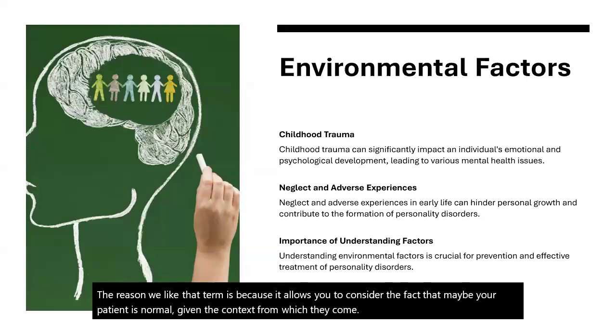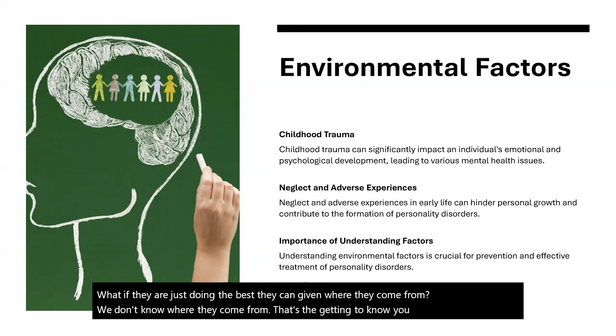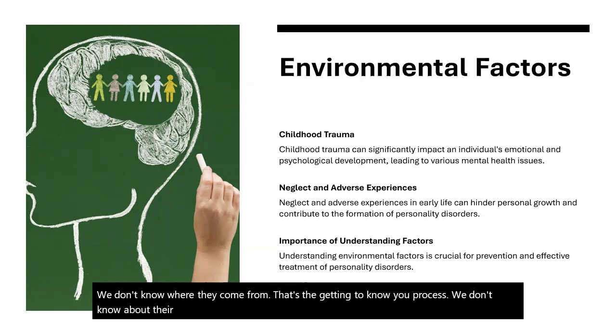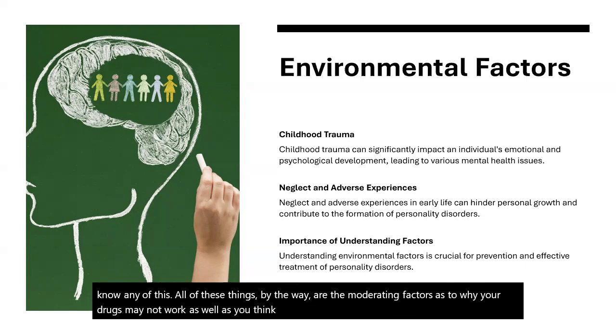What if they are just doing the best they can given where they come from? We don't know where they come from. That's the getting-to-know-you process. We don't know about their childhood trauma, their neglect and adverse experiences, we don't know any of this. All of these things, by the way, are the moderating factors as to why your drugs may not work as well as you think they ought to work in that individual.